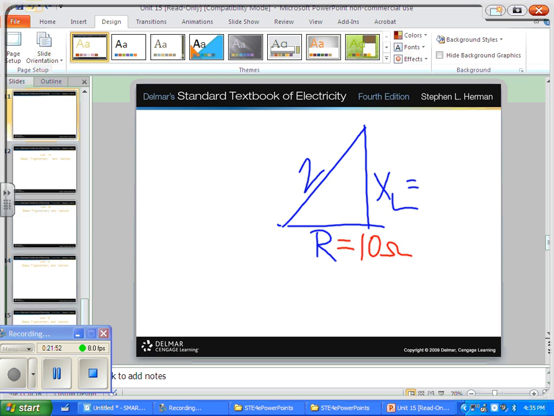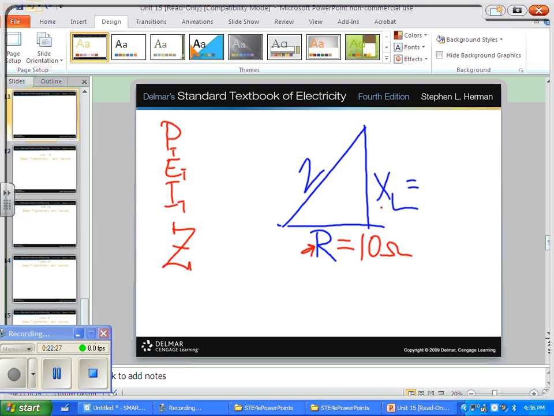When we change to AC, we're going to get rid of our R, because we can see now that it's not just R in AC circuits. There's something else happening called X sub L. So now we have P, T, apparent power, total voltage, total current, and impedance.